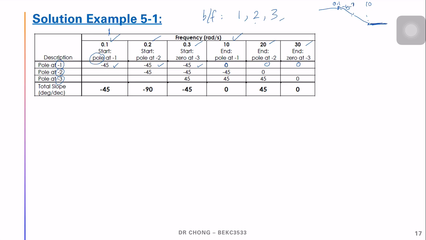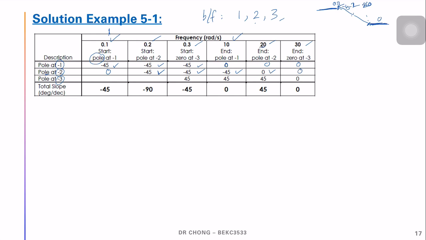So same for 2. This is the pole at negative 2, right? So 0.2 and 20. Start from 0.2, negative 45, because it's first order. So before 0.2 it is 0. Okay, then negative 45, negative 45. So stop at 20, because from 20 here there is 0 inclination. So 20, 0, 0.